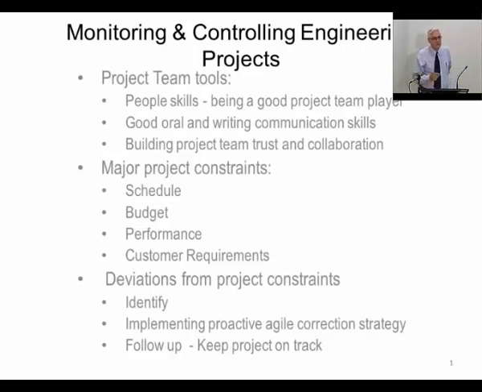We want to be able to identify those deviations and have a mitigation plan to resolve those issues, which could be barriers to accomplishing the project goals. So we have to follow up continually to resolve any issues which are going to impede our performance as a project manager.